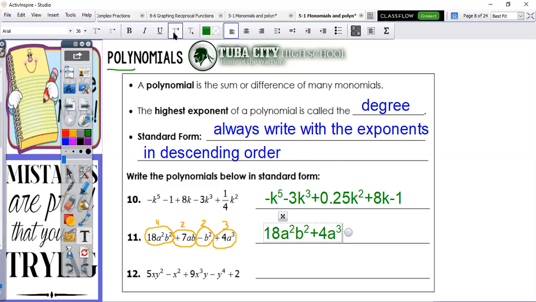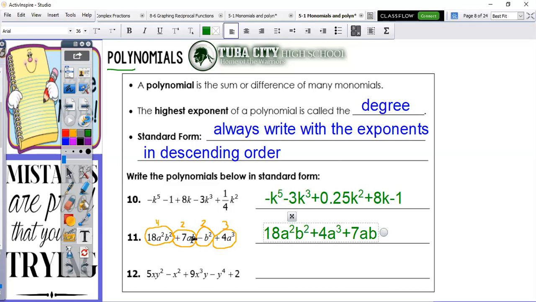Now, I am going to go over here, and I have 2 powers. So if there's two powers, how do I arrange them in order? If two terms have the same power or degree, you go by alphabetical order. This one does not have an A, but this one has an A. So I'm going to make the A go first.